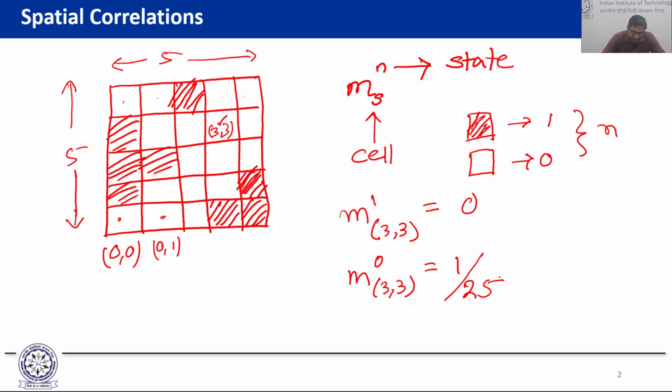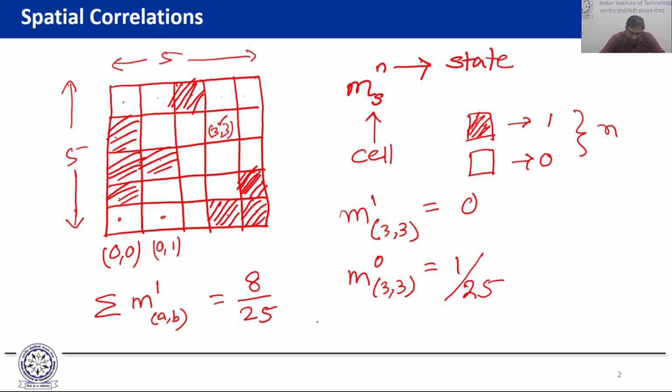And as we had discussed earlier, if I now take the sum of m1 across all of those cells, let's just say a comma b, I'm just summing it up. Now you will see that the total number of filled states would be 1, 2, 3, 4, 5, 6, 7, 8. So if I sum over all of the cells, the probability is going to be 8 over 25.